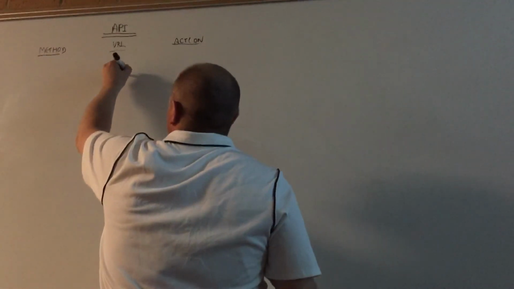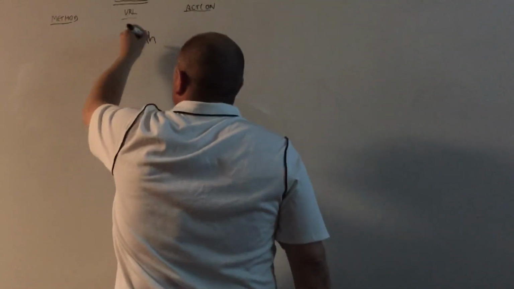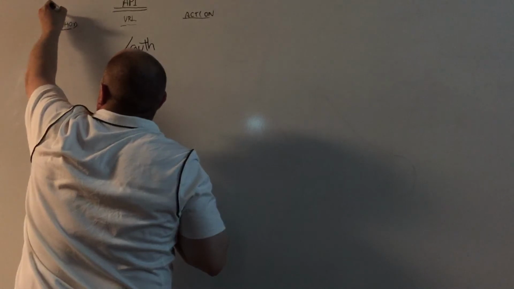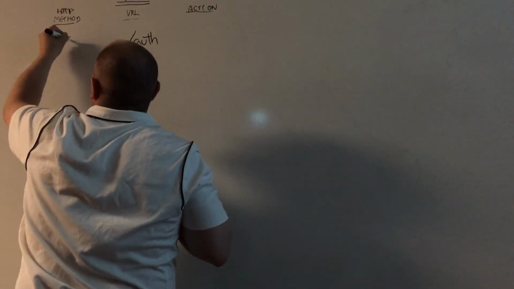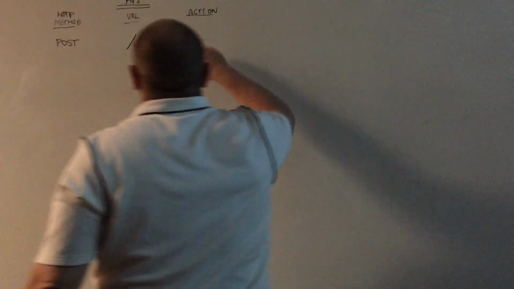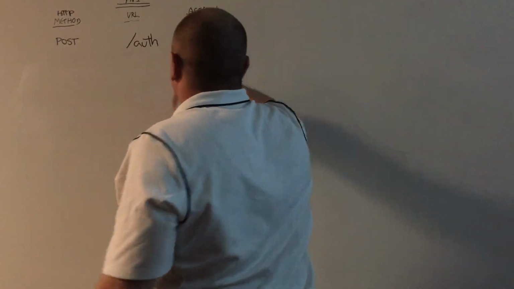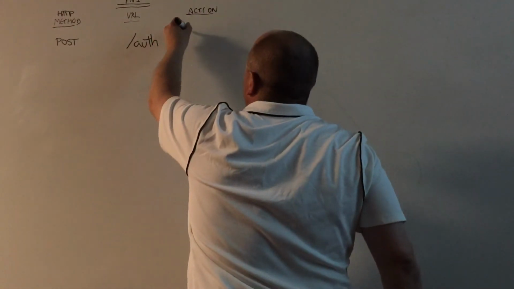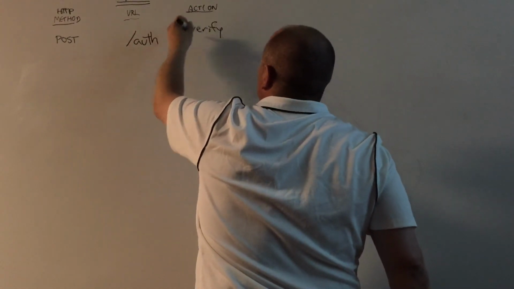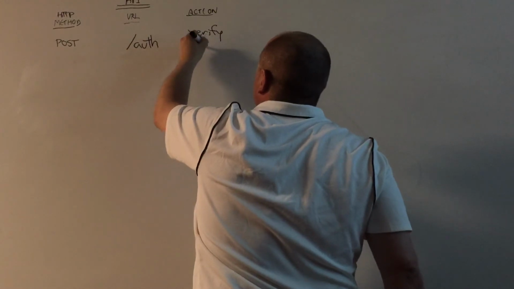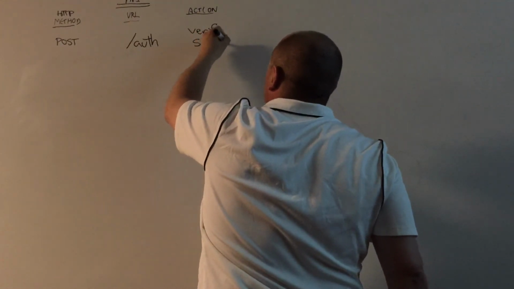So we need an auth. What HTTP method are we going to have that be? Post. Okay, a post. The action is going to be verify login, verify via SQLite.